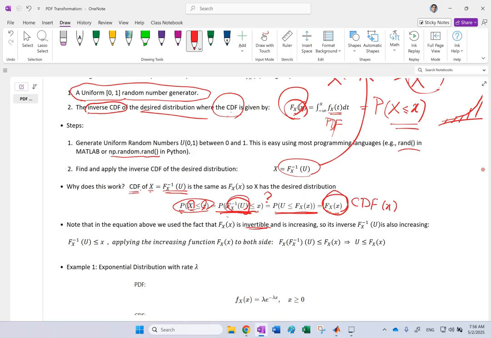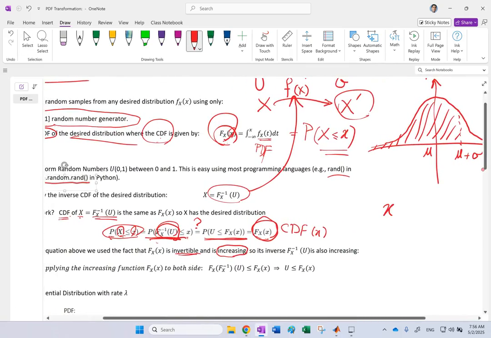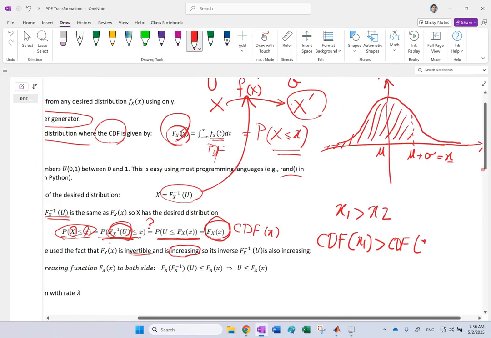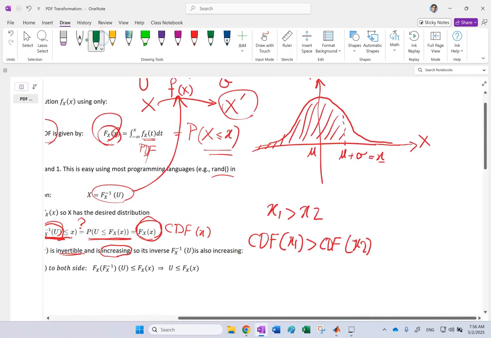Second of all, you know that the cumulative function is an increasing function, correct? So if you get x1 and x2, where x1 is bigger than x2, then the CDF of x1 is also bigger than the CDF of x2. Why? Because x2 is to the right side of x1.